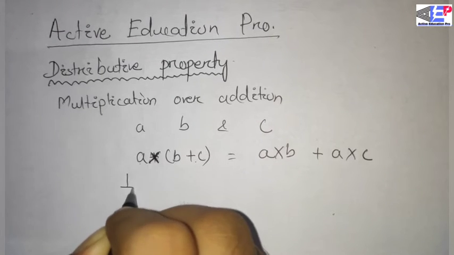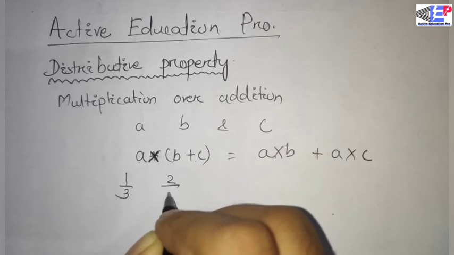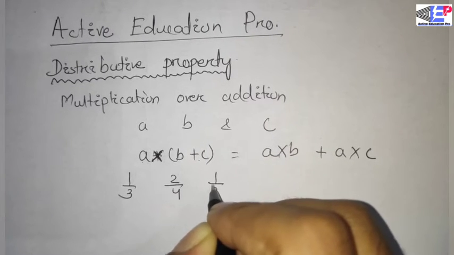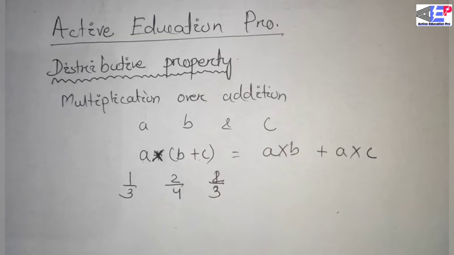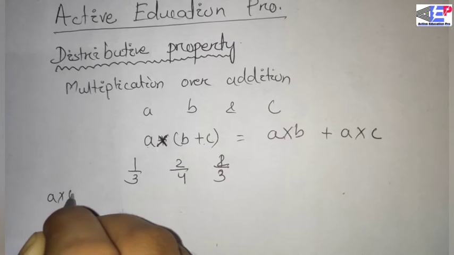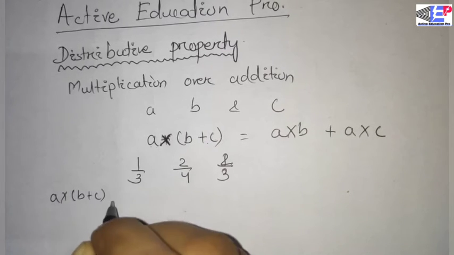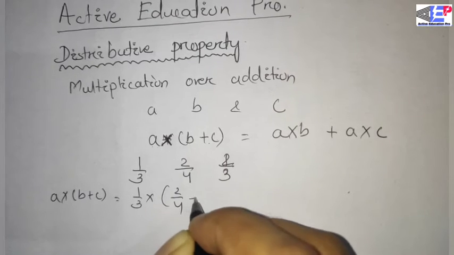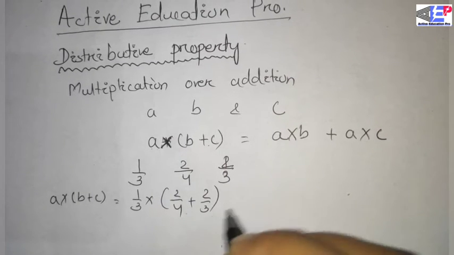A is equal to 1 by 3, B is 2 by 4, C is 2 by 3. First check the left side. A cross (B plus C) is equal to 1 by 3 into (2 by 4 plus 2 by 3).